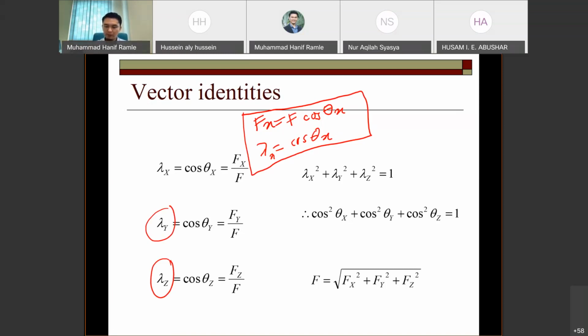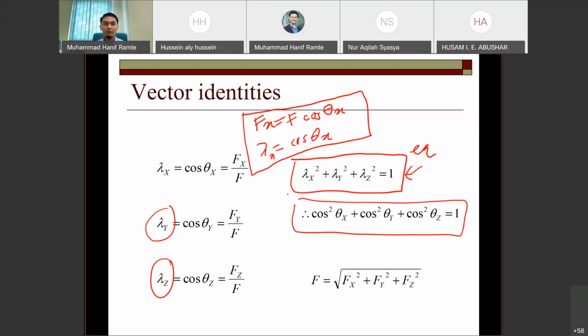You have to know this equation as well: lambda x to the power of 2 plus lambda y to the power of 2 plus lambda z to the power of 2 is equal to 1. In some cases you will use this equation, especially if a problem does not have angles.